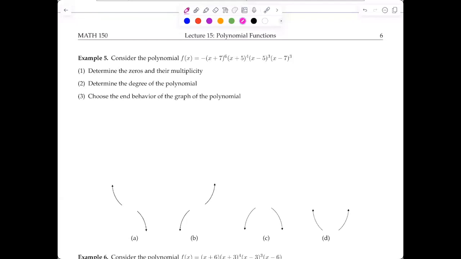What about this -5? What is the multiplicity? Multiplicity 4. Okay. All right, so this 5, you have multiplicity 3. And this 7, you have multiplicity 3 as well.